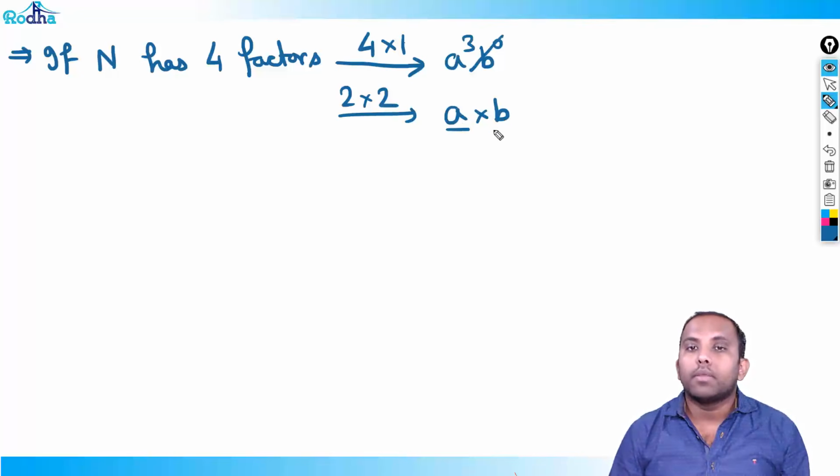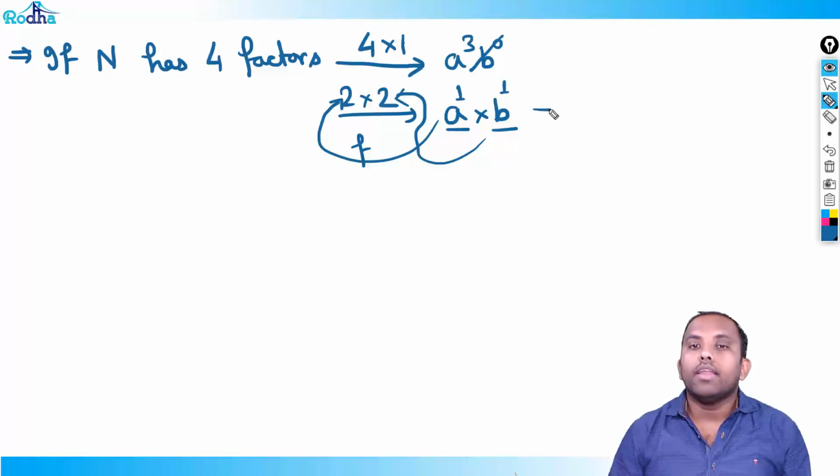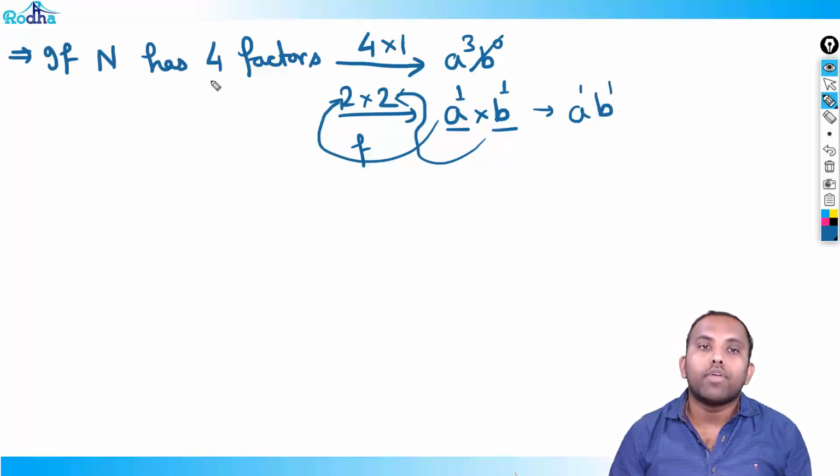If a and b are the prime bases, a has 2 factors, so what is the power? 1, because power is factor minus 1. b also has 2 factors, so the power of b is 1. That means if n is equal to a into b, then the number of factors is 1 plus 1 into 1 plus 1, that is 2 into 2, which is 4 factors.